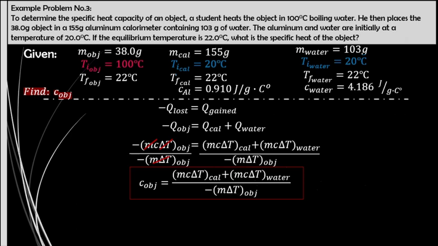Let's proceed with the substitution of our given. So C of the object is equal to 155 grams times 0.910 joule per gram times Celsius degree times the change in temperature, which is 22 degrees Celsius minus 20 degrees Celsius.